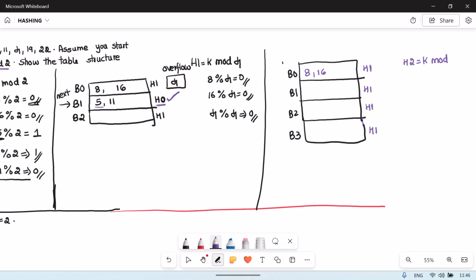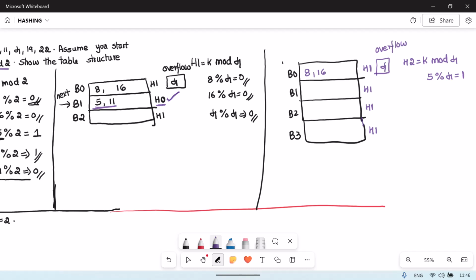B1 had 5 and 11, so on those you will have to apply mod 4. 5 mod 4 is 1, and don't forget overflow is still there here.